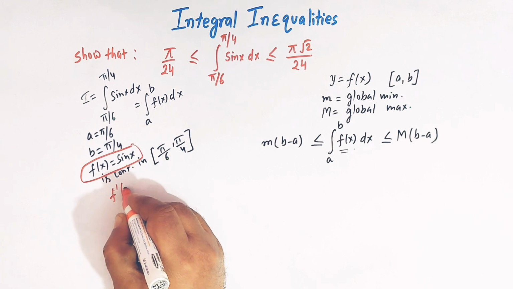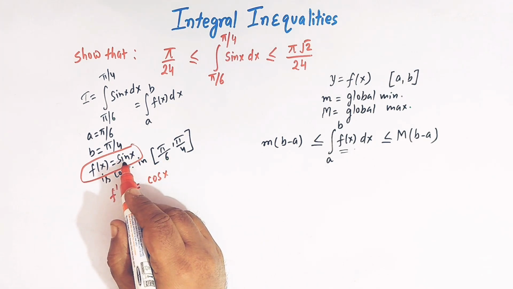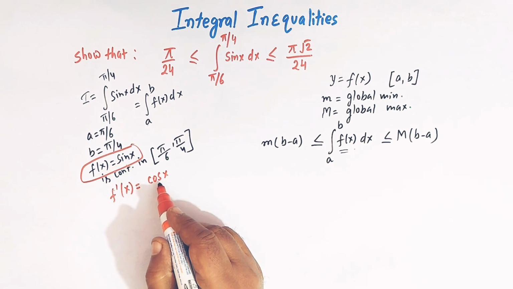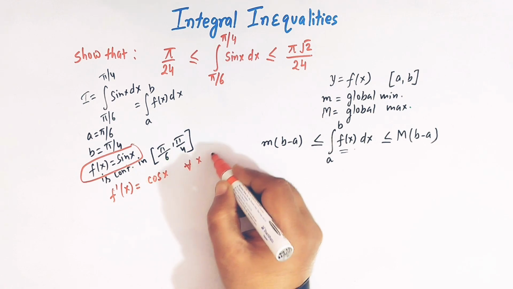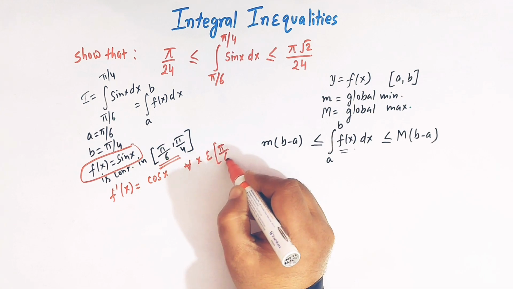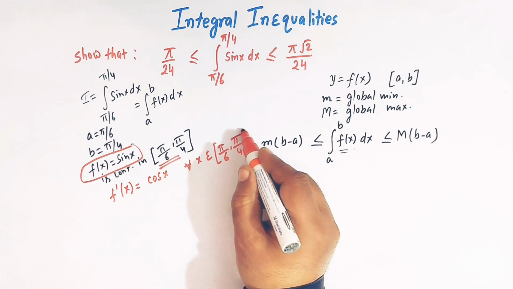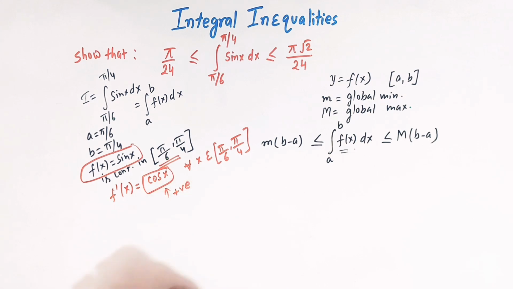So we'll get f prime of x is equal to cos x, because the derivative of sine x is cosine x. Now we can see that for all values of x belonging to this interval, that is from pi by 6 to pi by 4, cos x is always a positive quantity, right?